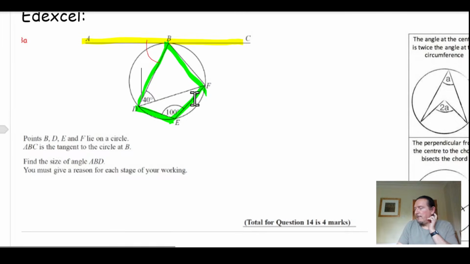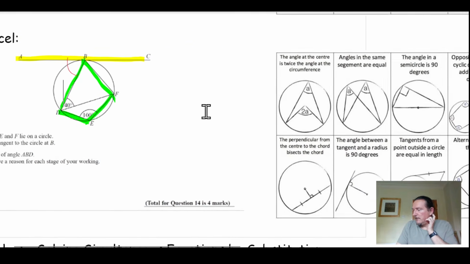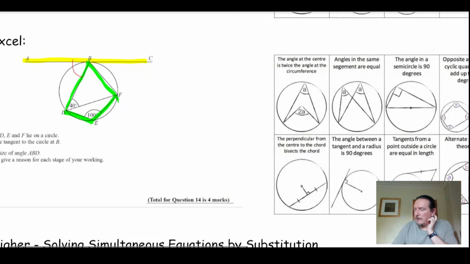Right, so we've got quite a few rules we can use here. We've got the cyclic quadrilateral that we talked about earlier, where opposite angles add up to 180 degrees. Plus we've got this tangent. I think we're going to be using the alternate segment theorem, where you've got an angle between the tangent and a chord, and that's equal to the angle in the alternate segment.